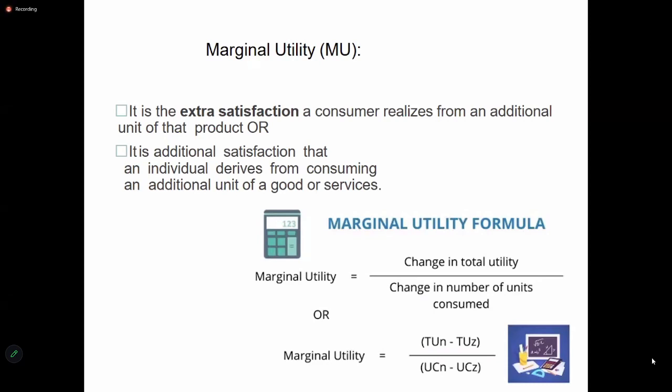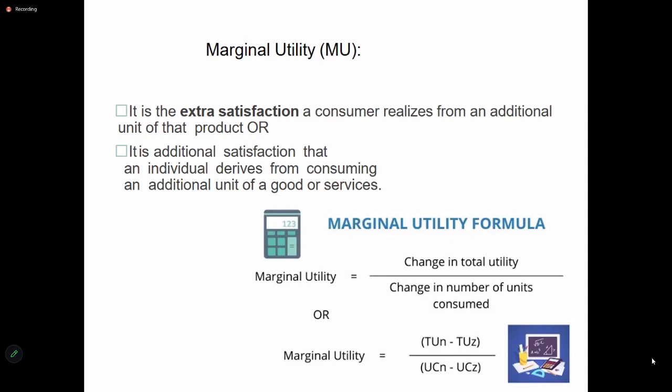When I'm asking any question, you can write using your own words. Total utility is the total satisfaction the consumer derives from consuming goods or services, but marginal utility means the additional unit gives extra satisfaction.